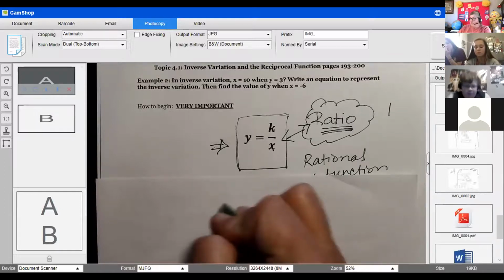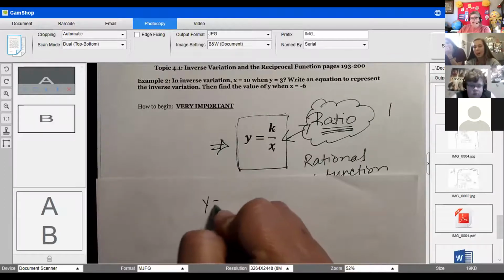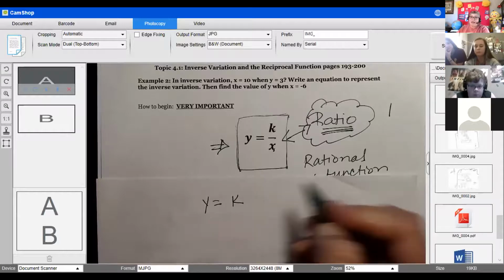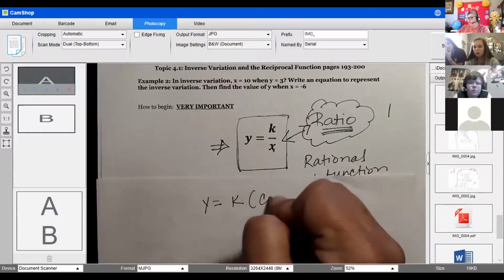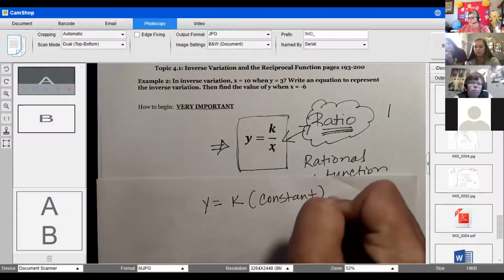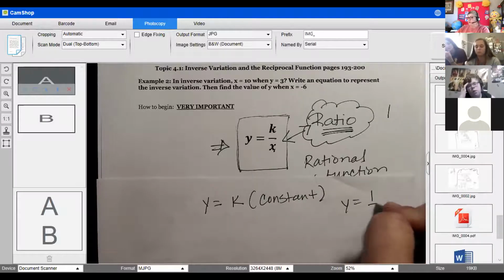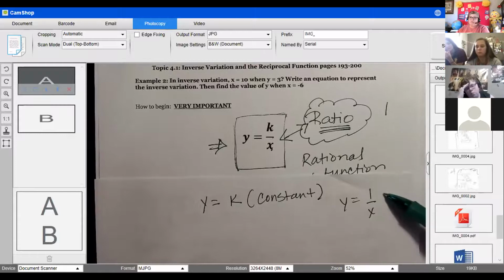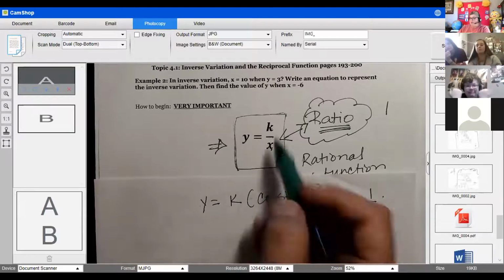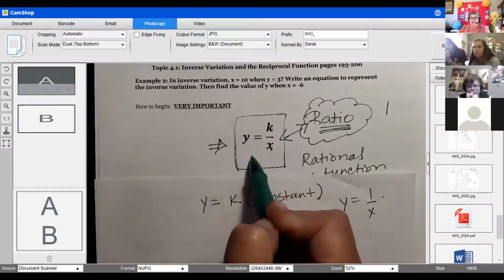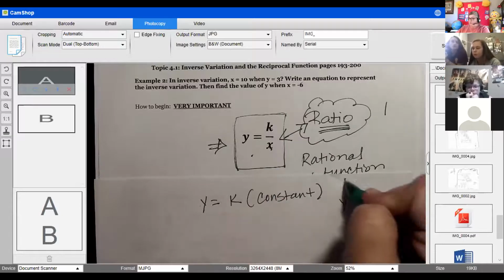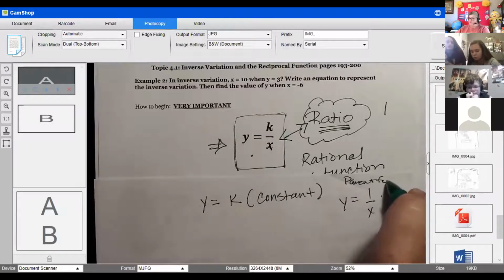So if we have an inverse variation, the formula is y is equal to k over x, where k stands for some constant. In the parent function, what was the constant? We talked about the parent function, which is the most simple version of it.